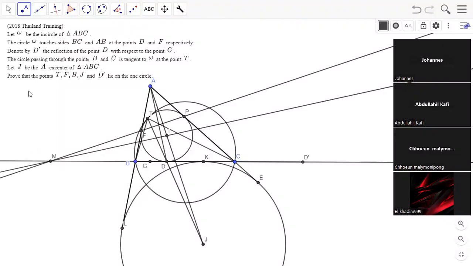So let me see, is MT tangent? Why is J on that polar? Oh no, wait, never mind, it isn't. Yeah, AD is the polar of this point.